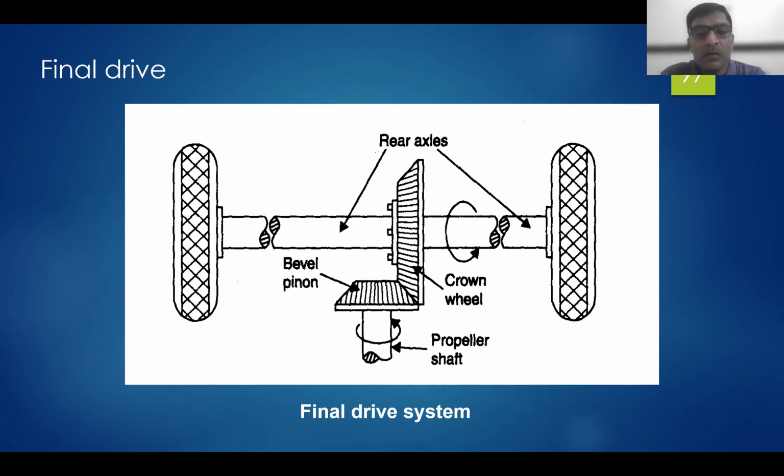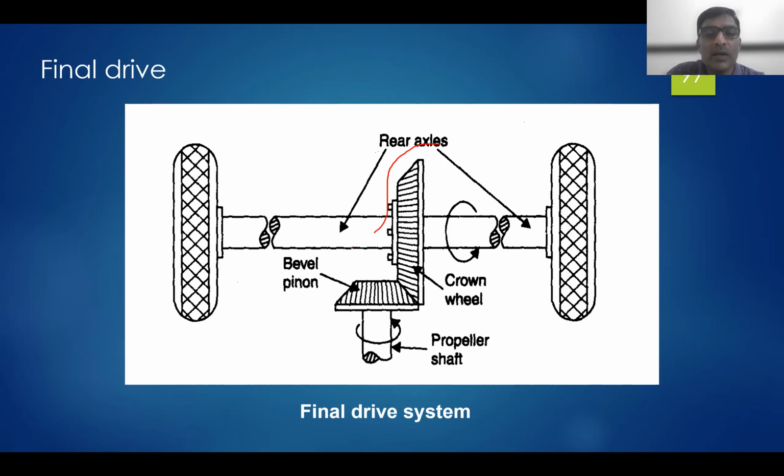Now that power we need to divert at 90 degree so that wheels can rotate and the vehicle can propel from one place to another. So this assembly, which consists of a bevel pinion attached to the propeller shaft and a crown wheel mounted on one of the half axles, is called a final drive.